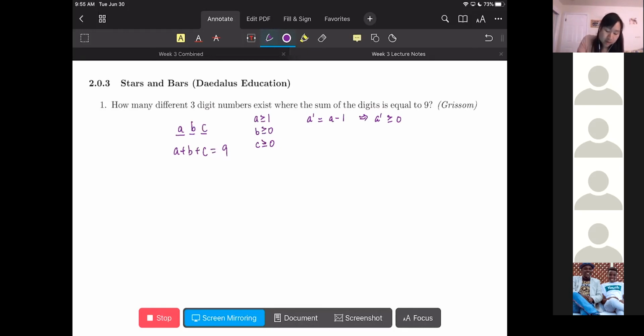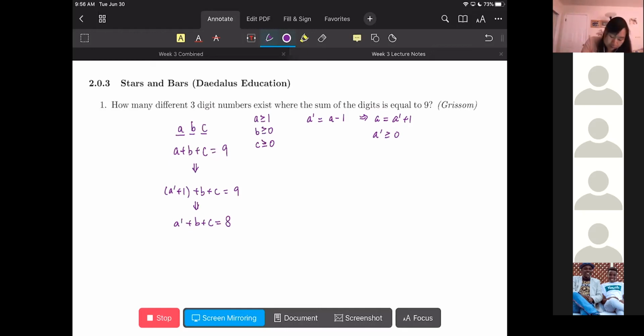So A equals A prime plus 1, and A prime is greater than or equal to 0. If we plug this in, the equation becomes A prime plus 1 plus B plus C equals 9, which we can write as A prime plus B plus C equals 8.